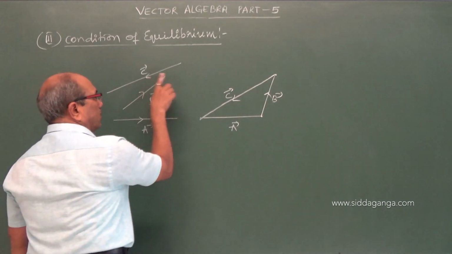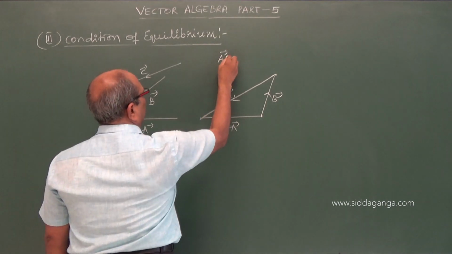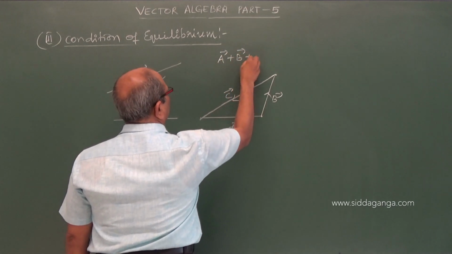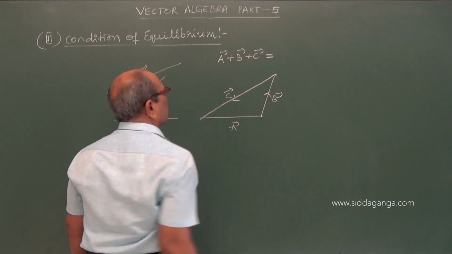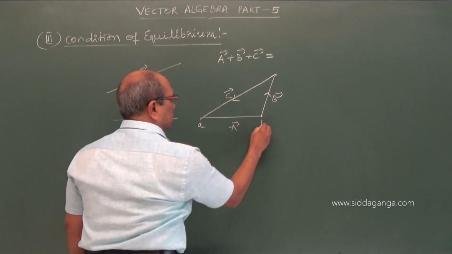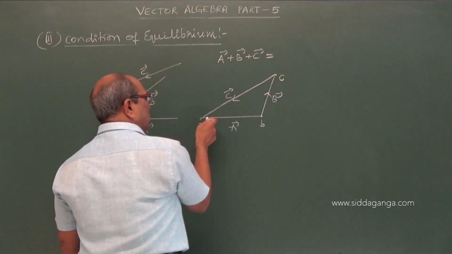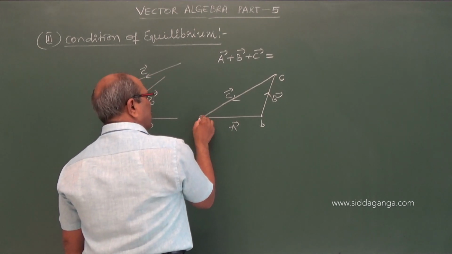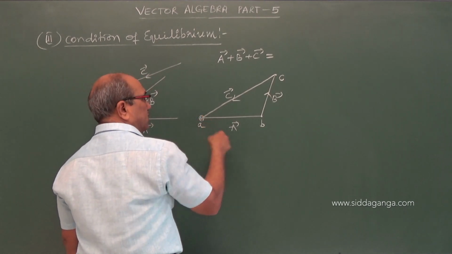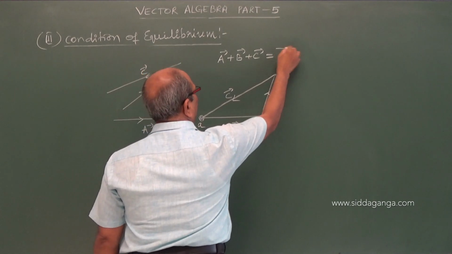Now when I add these three, vector A plus vector B plus vector C, started from A reaching B, B to C, C to A, we come to the same point, meaning the net effect becomes 0, a null vector.